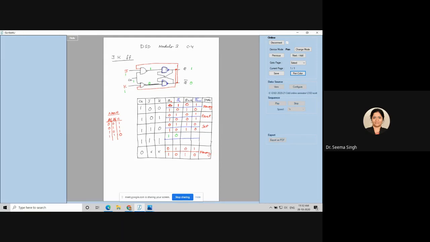What is the output of this NAND gate? Can anybody tell me? Yes? 1. Q will be 1 or Q bar will be 1? Q will be 1, ma'am. Both will be 1 actually.